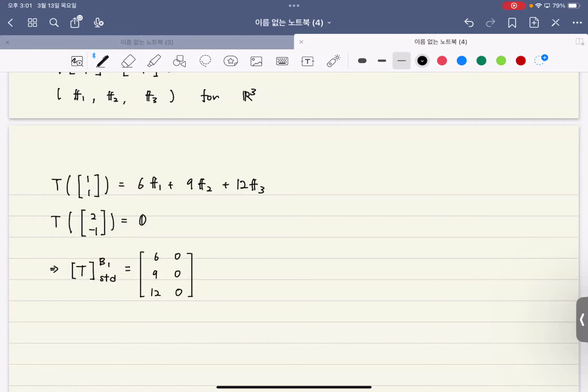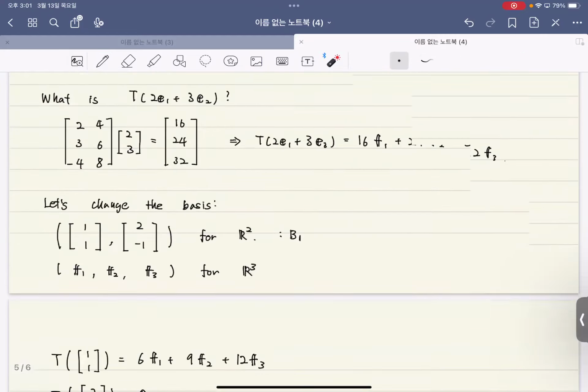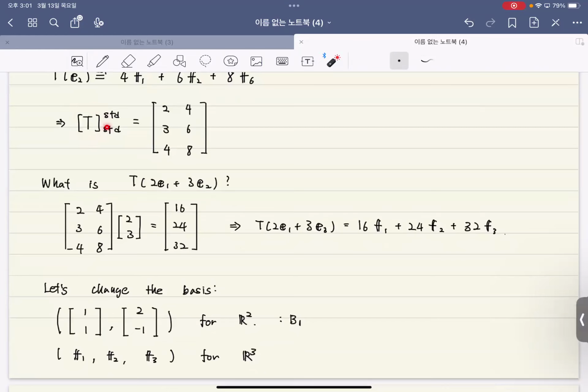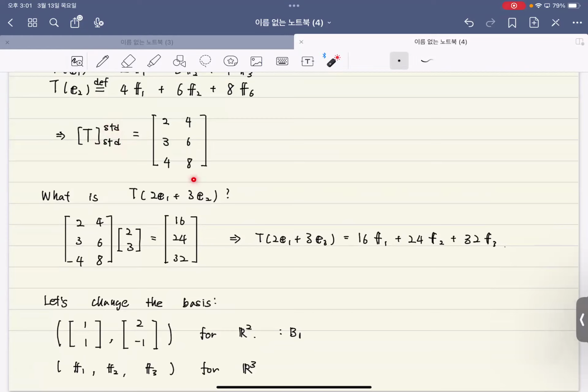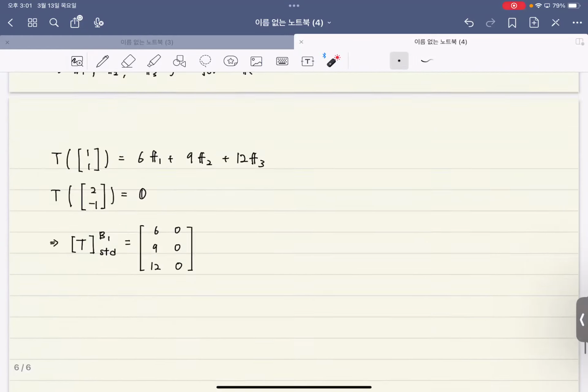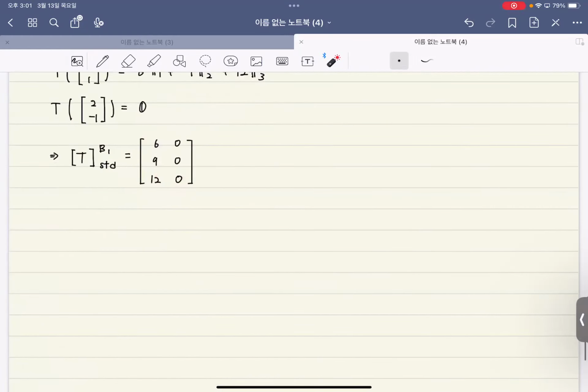Okay. This is very interesting. Even though I am representing the same linear transformation, by changing the basis, my matrix representation changes too. Okay.